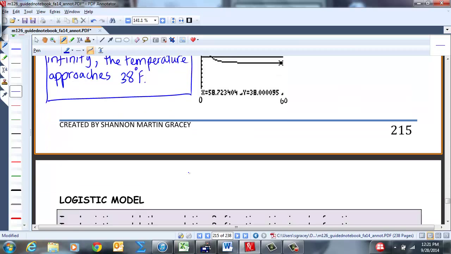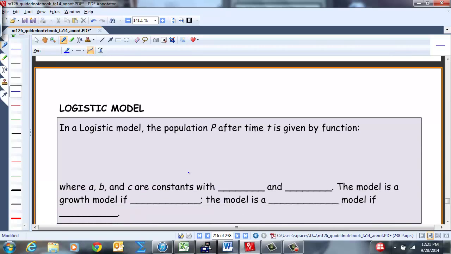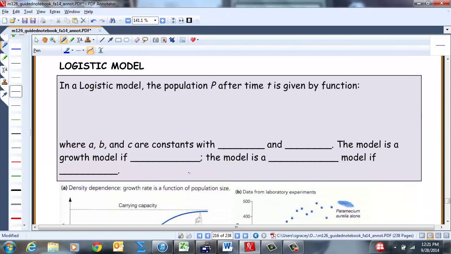So next up, the logistic model. All right, so this will be our last model that we talk about. So the logistic model, it also can have a growth or decay trend, but it's limited growth or limited decay. So the easiest way to picture it is, imagine you have a fish tank, right?